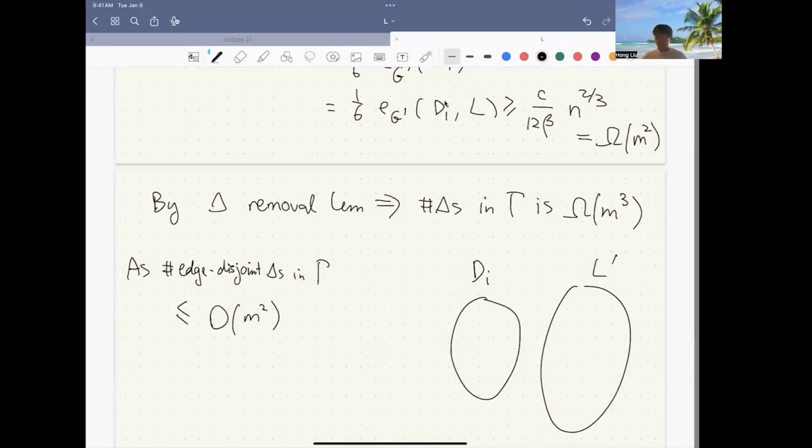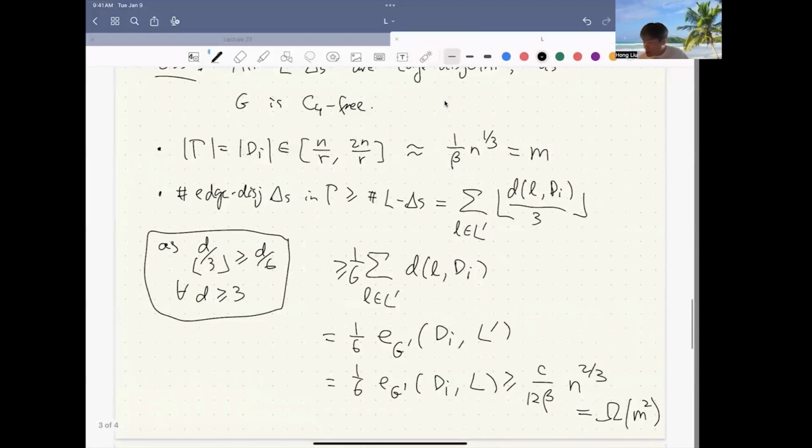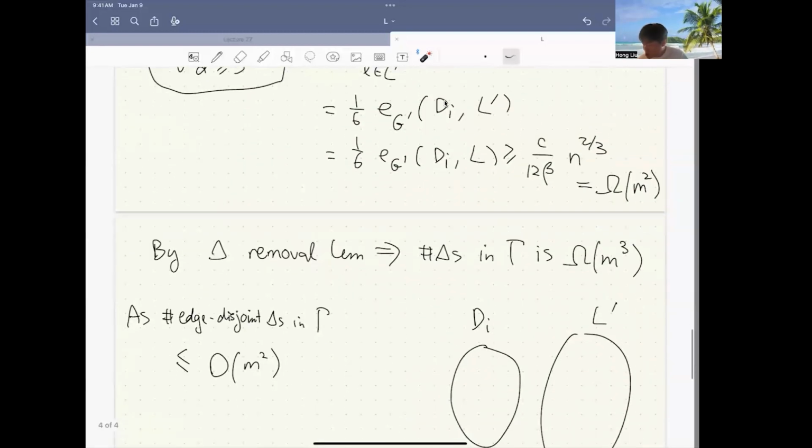So let me just put big O. We don't need to be that precise. And what is m? M is a function of n, and n tends to infinity. So we can assume m is sufficiently large. When it's sufficiently large, m cubed is definitely bigger than m squared, despite this constant in the front, which is much less than m cubed.